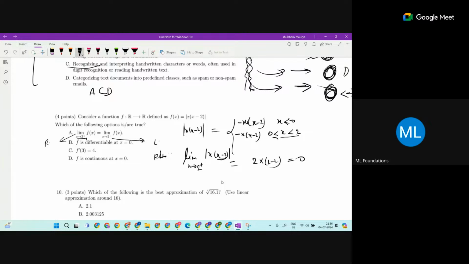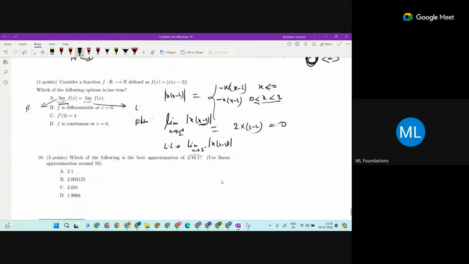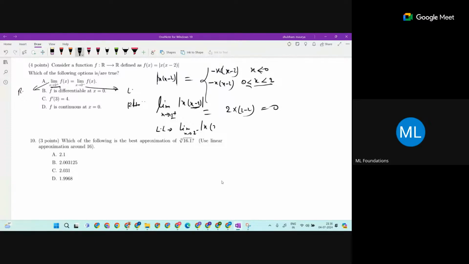And let's do the left limit, which is the limit as x approaches 2 from the negative side of |x| times (x minus 2). Now here we have to see. The x value is lesser than 2, which means this part is going to be negative, and this part is already positive because we are around 2.